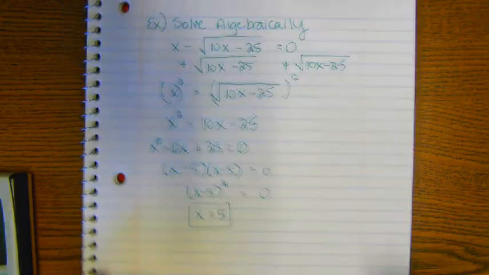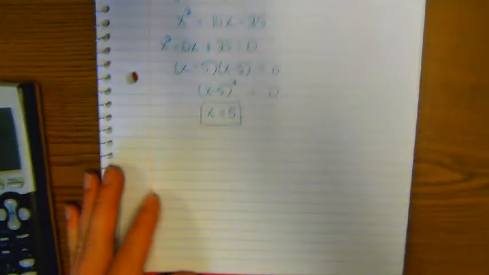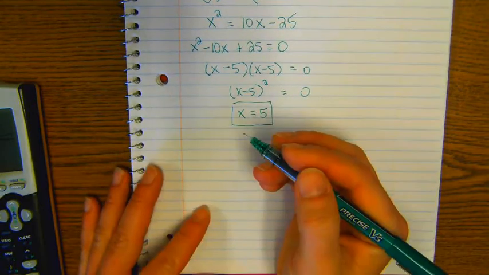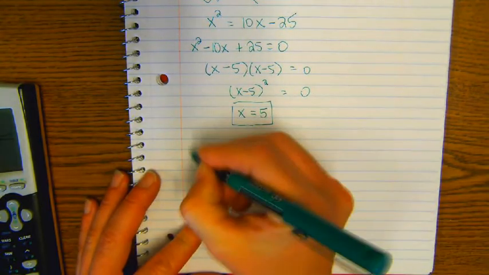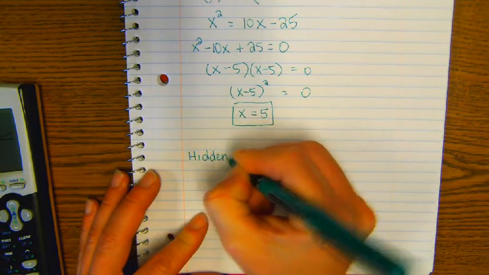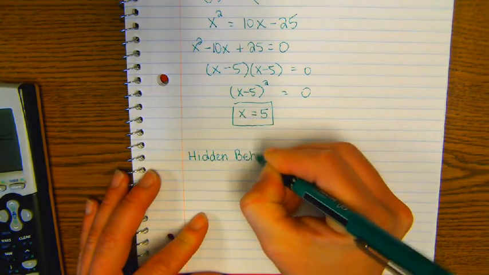Then one other thing that we're going to show on the calculator, so if you have your calculator, take it out. If you don't, then you should share. I do have one left up there. It's something I like to call hidden behavior.